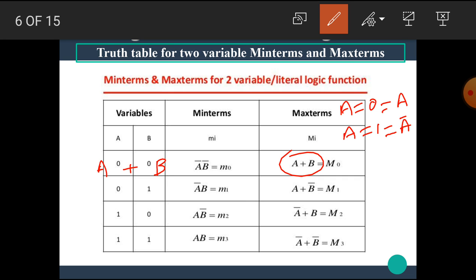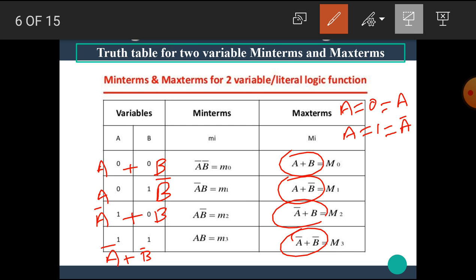Here a is 0, that means a, b is 1, that means b bar, hence we get the max term a plus b bar. Here a has the value 1, that means a bar, b has the value 0, that means b. We get the max term a bar plus b. Here both variables have the value 1, hence a bar, b bar, a bar plus b bar. These are the max terms.